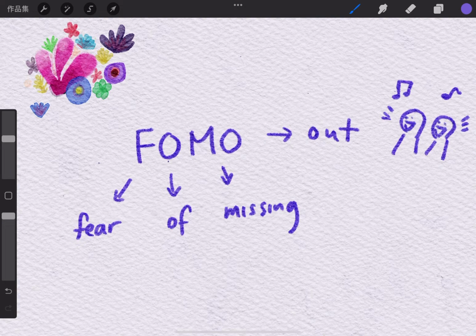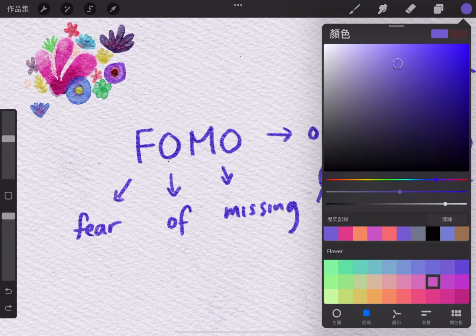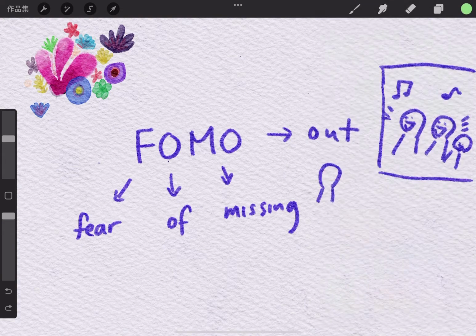So many people are there having more fun, and this is a group of people having fun. Okay, we're gonna use a different color. Okay. Fun.